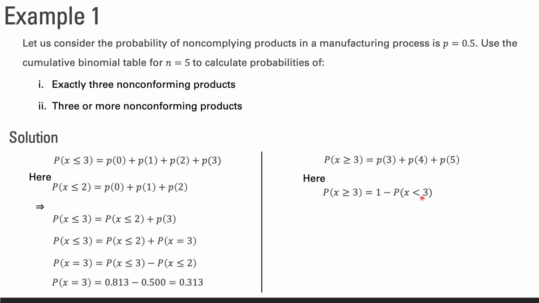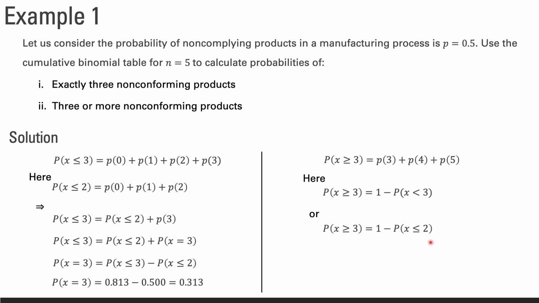So x less than 3 means x less than or equal to 2. We can write it like this. Because it is until 2 and after 2 is 3, x less than 3 means x less than or equal to 2, and this is a binomial distribution, so there are no numbers between 2 and 3.